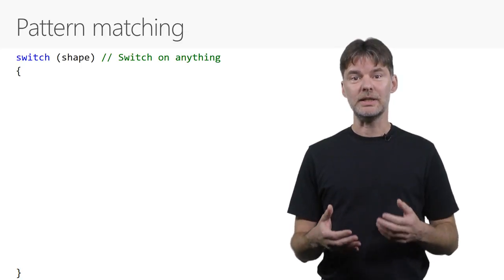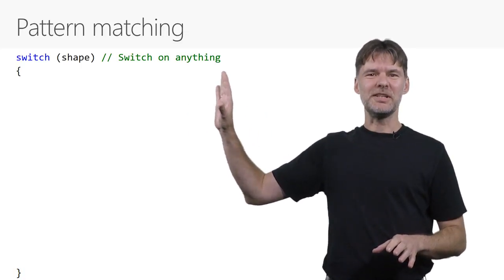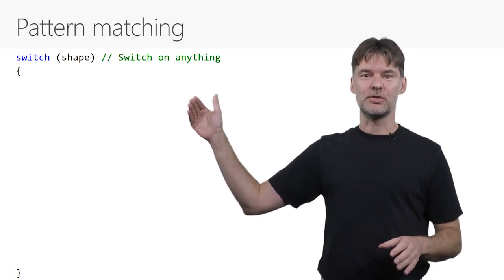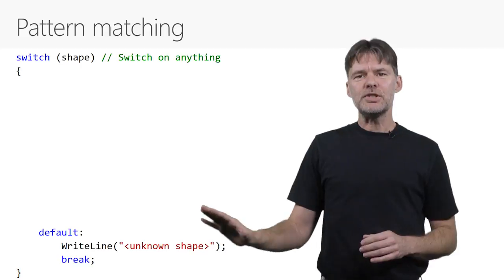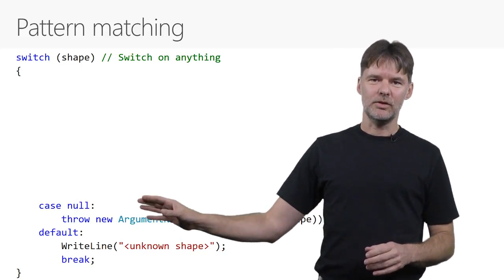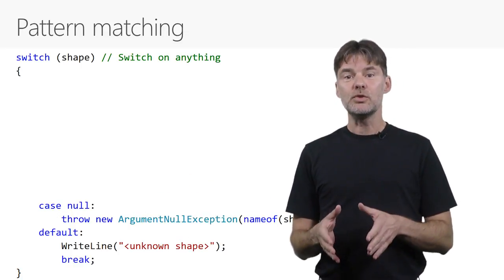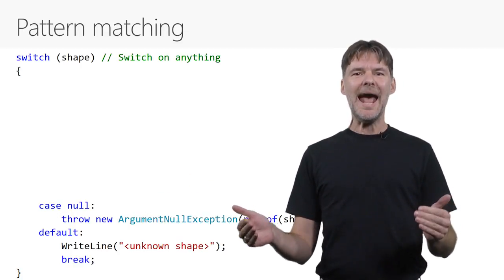Patterns can also be used in switch statements, which have been greatly enhanced in C# 7.0. First, we can now switch on anything. The switch expression is no longer limited to primitive types and strings. And if we start from the bottom, we of course still have default sections and cases with constants, as with null here. But we've now generalized case clauses to hold patterns.